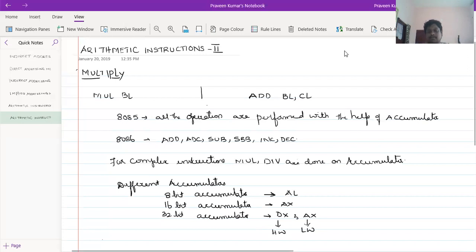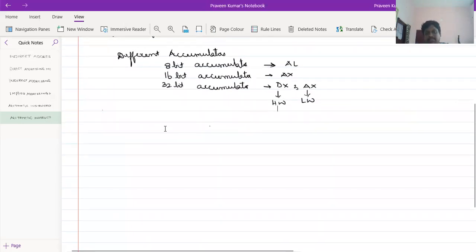So generally we have two different types of multiplication. What are they? 8-bit multiplication and 16-bit multiplication.